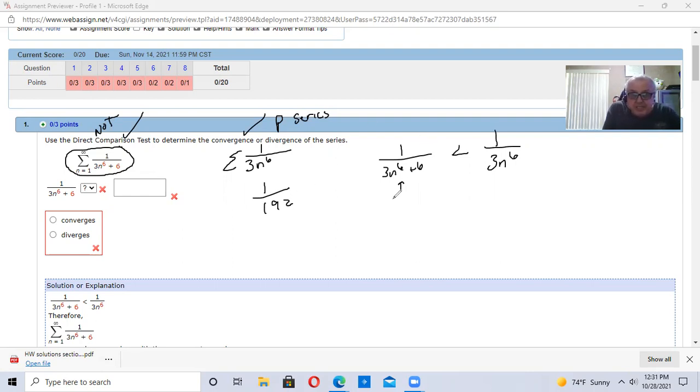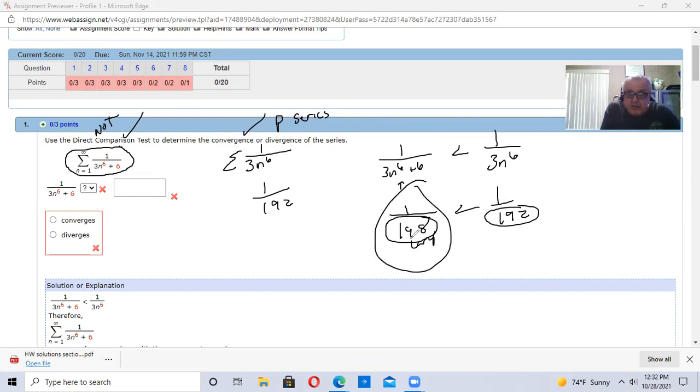And then if you add 6 to it, you get 198. And this is 192. And sure enough, if they both have 1 on top and the denominator is larger, then the entire number is smaller, right? If your denominator is larger than the other denominator, and they have the same thing in the numerator, then the number is smaller. So yes, this holds true.